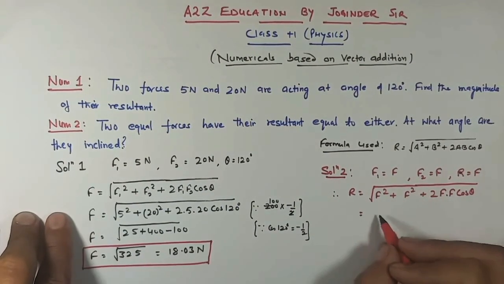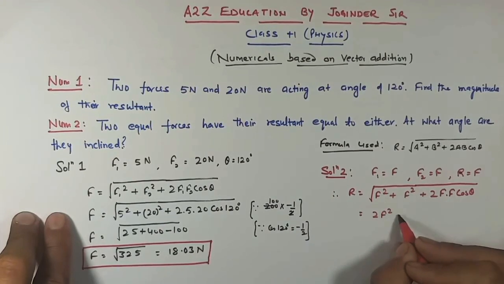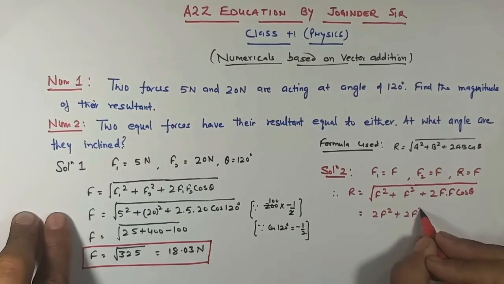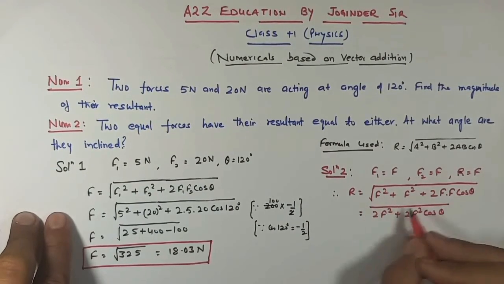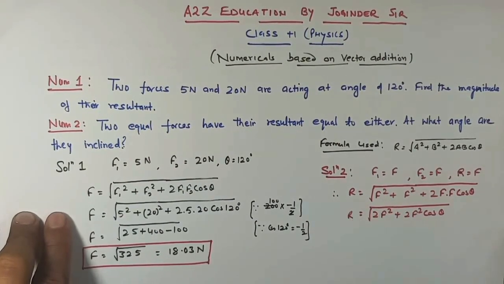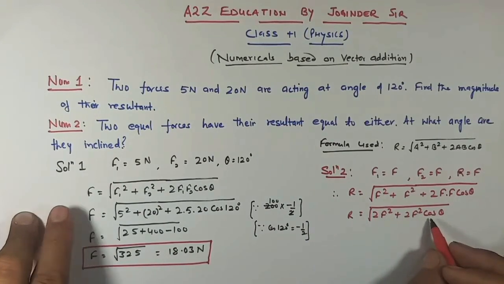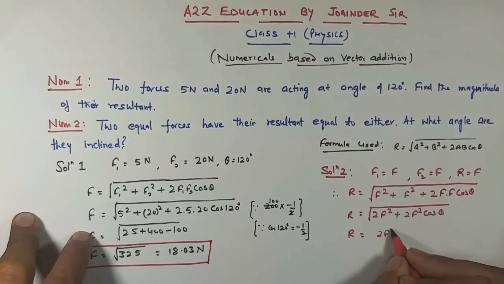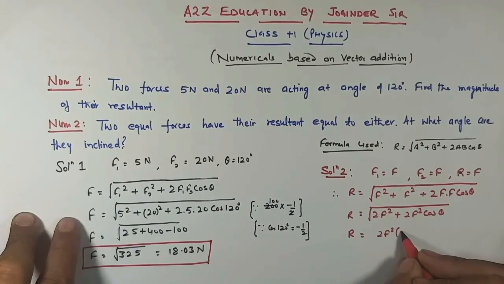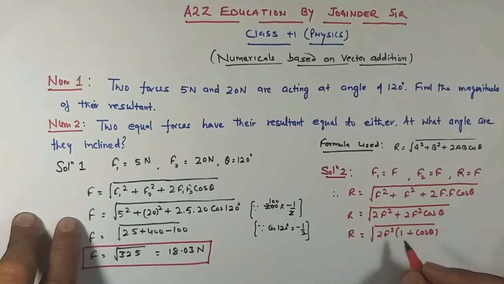So F square plus F square becomes 2F square, plus again 2F square cos of angle theta, all under the root. Here 2F square can be taken as common, so it comes out to be 2F square into 1 plus cos of angle theta, under the root.